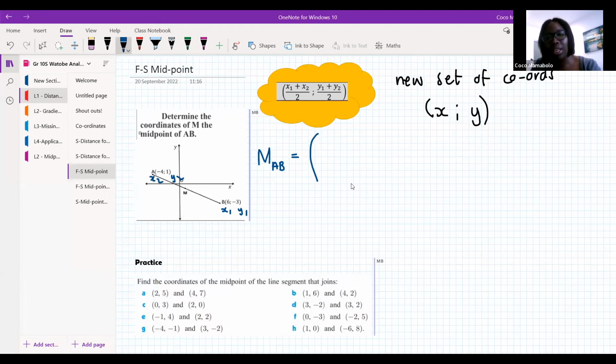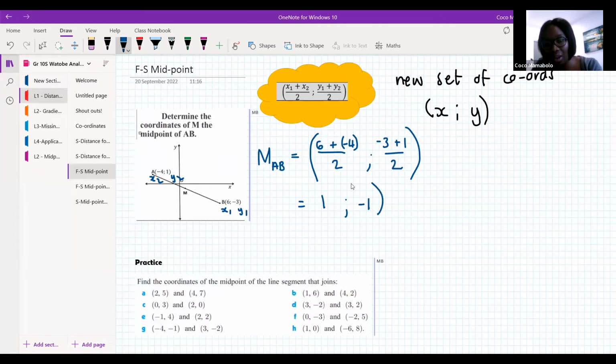I'm going to take x1, which is 6, plus x2, which is -4, all of that divided by 2. And my y1 is -3 plus y2, which is 1, divided by 2. And that's going to give me 6 minus 4 will give me 2 over 2, which is 1. And -3 plus 1 is -2 over 2, which is -1.